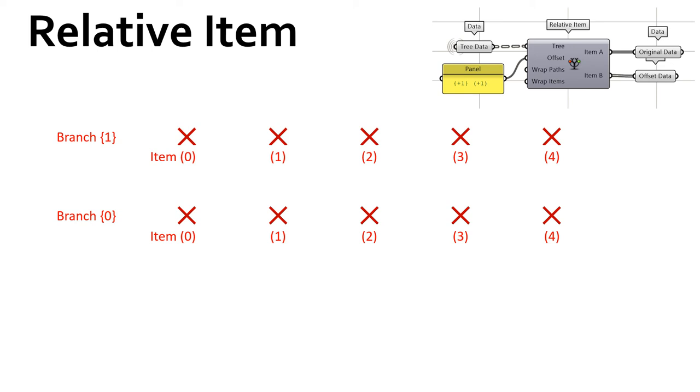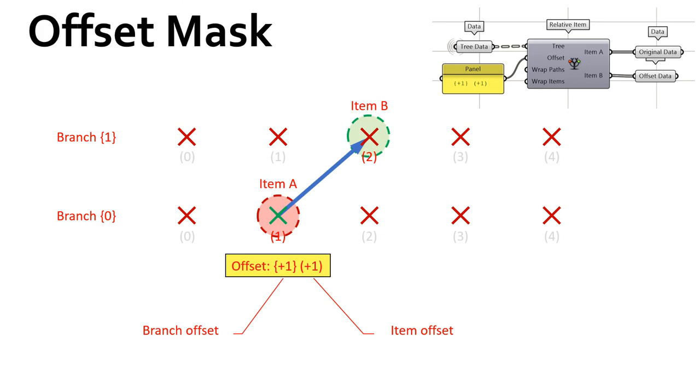Okay, so you have an item A and an item B, or point A and point B. The way that works is, for example, if item A is item 1, point 1 on branch 0, if the offset is +1, where +1 is a branch offset, it goes from branch 0 to branch 1, and then the item offset is from item 1 to item 2, right? So it'll give you an offset like this.